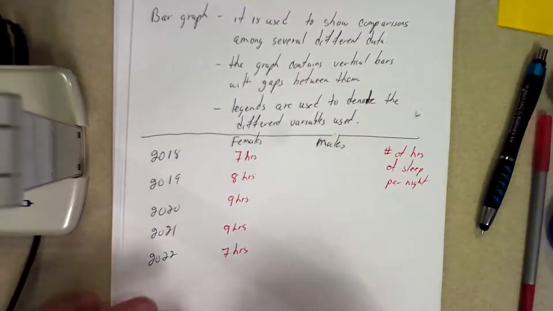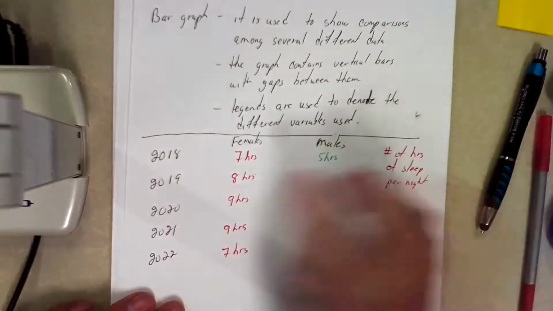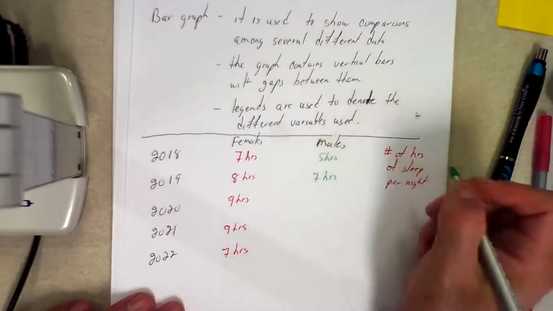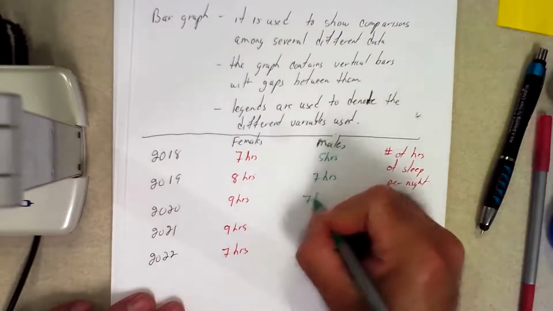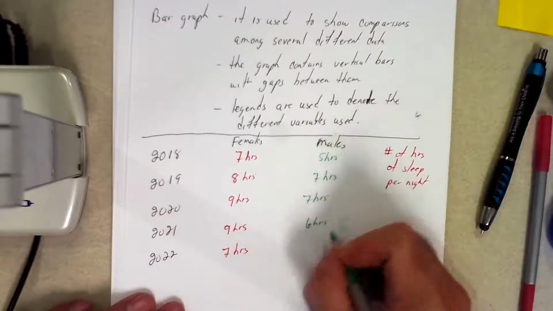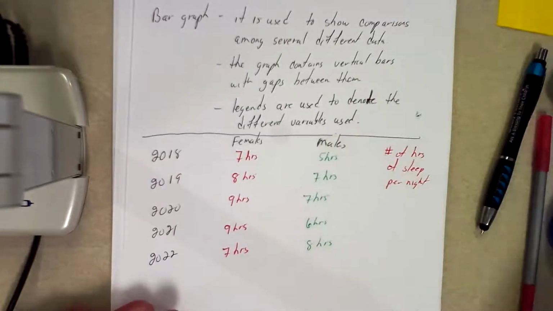Males, 5 hours of sleep in 2018, 7 hours, 7 hours, 6 hours, and 8 hours. So this is an average among males.